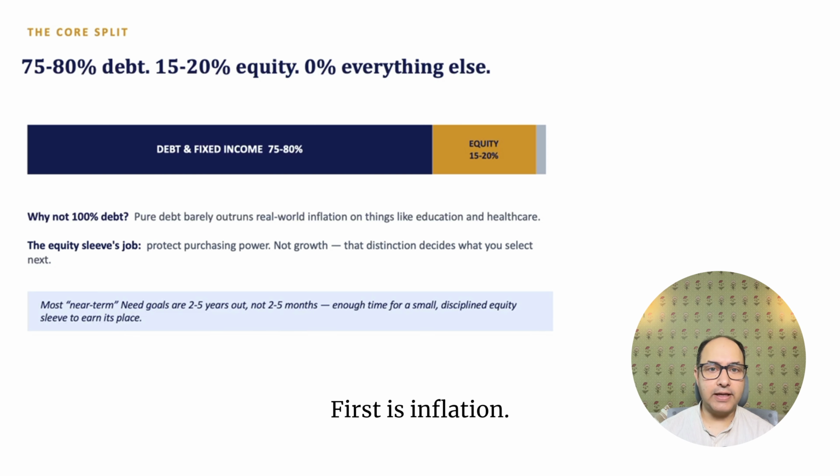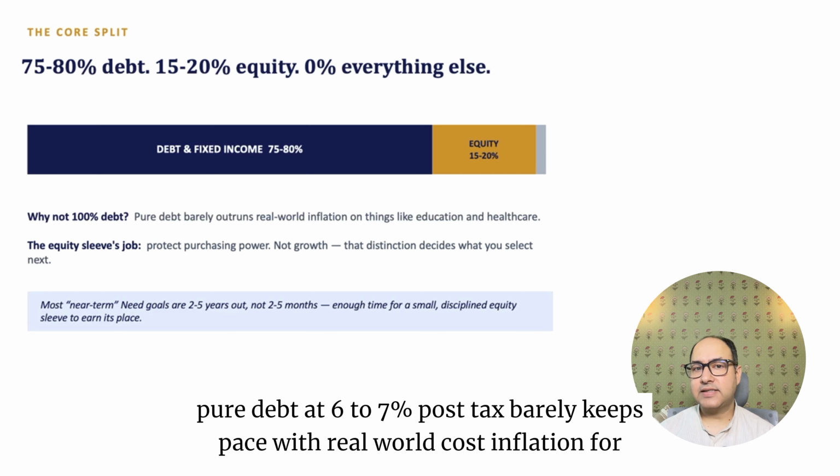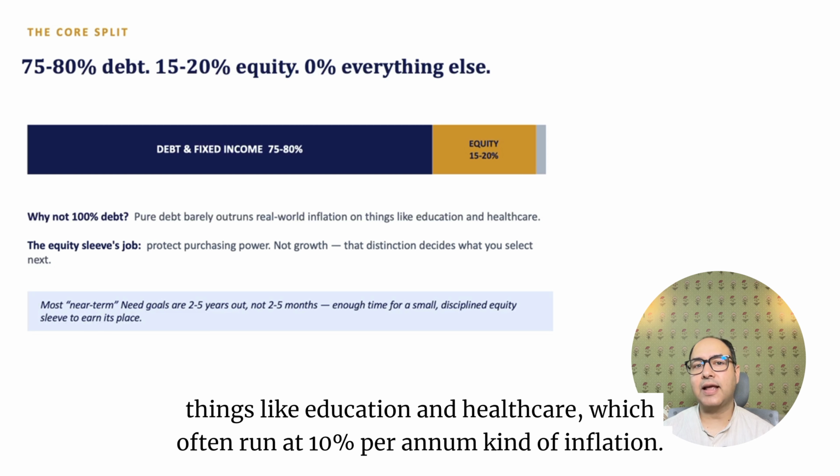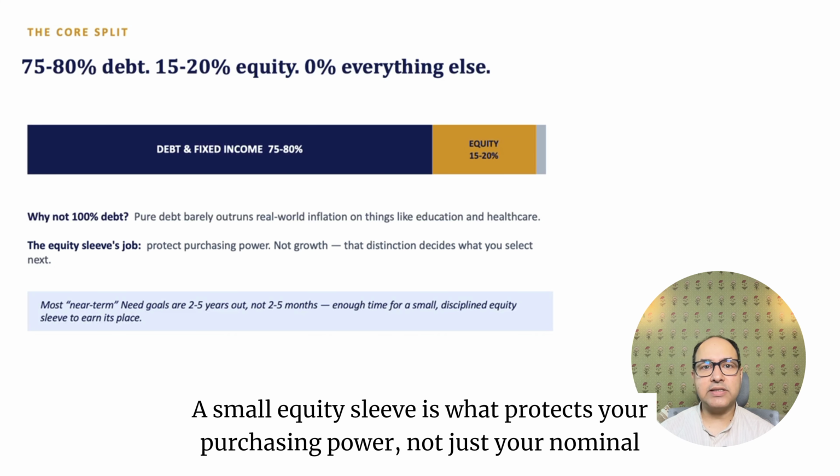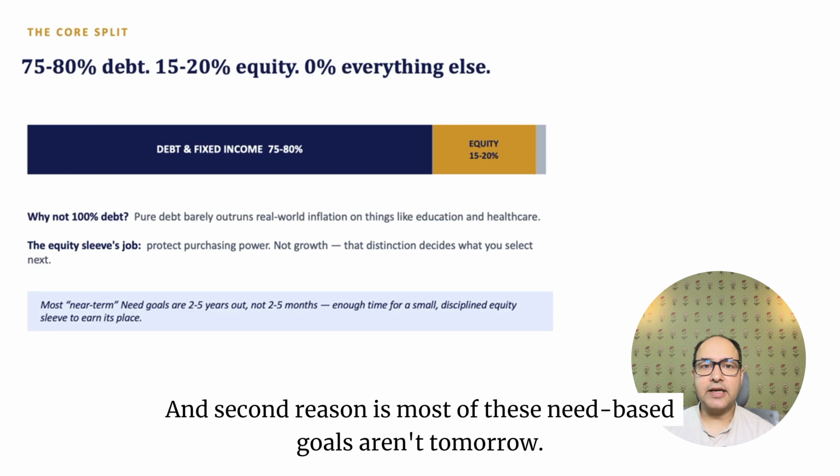First is inflation. Pure debt at 6 to 7% post-tax barely keeps pace with real-world cost inflation for things like education and healthcare, which often run at around 10% per annum. A small equity sleeve is what protects your purchasing power, not just your nominal numbers. And the second reason is that most of these need-based goals aren't tomorrow.